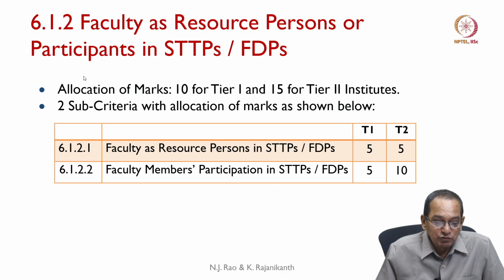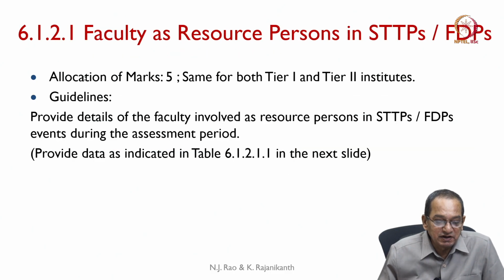So, there are two possibilities: the faculty as a resource person, and the faculty as a participant. For these two, marks are awarded. For Tier 1 it is 5-5, for Tier 2 it is 5-10. So, faculty as a resource person, then faculty as participant. Again, just in a table provide all the data so that you can compute the marks allocated.